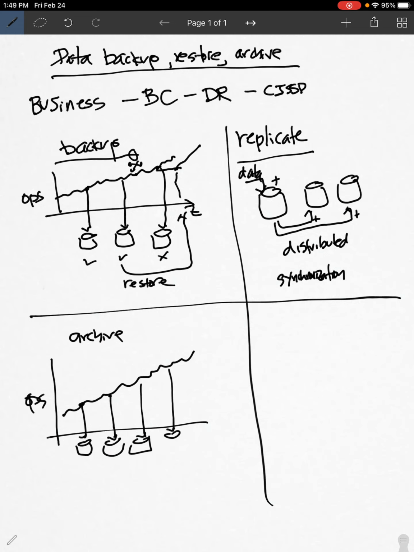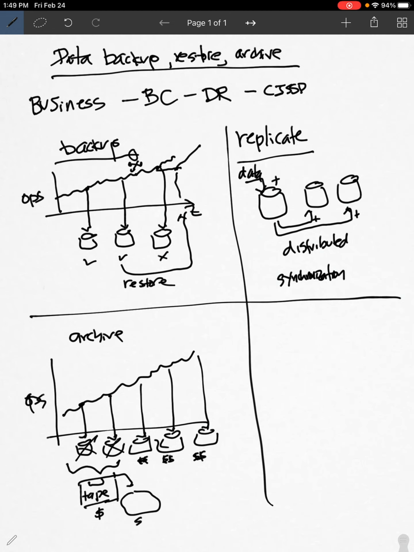And there'll be a time when the data that you have is so old that you can now put it into a cheaper way of storing it. And let's say it's tape. And that way you can get rid of these. And tape is cheap compared to solid state drive or hard disk drive. And then you can also maybe back up into cloud, which is cheaper. So that's the concept of archive.